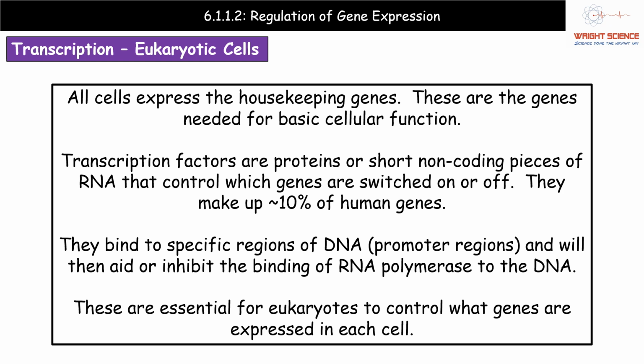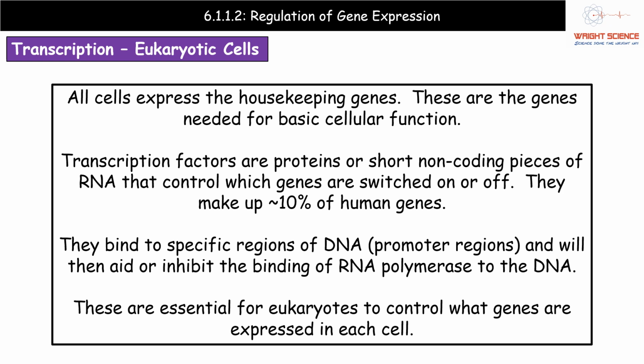So obviously if it's inhibiting, that means that the RNA polymerase is going to be prevented from binding, and therefore that gene will be switched off. If, however, it aids in the binding of the RNA polymerase, then we will be expressing that gene, so it's switched on. So purely by having these transcription factors that can bind to those promoter regions, we will either switch the gene on or switch them off.